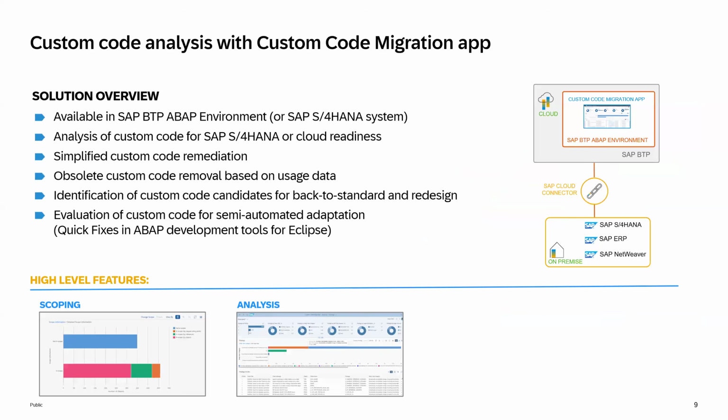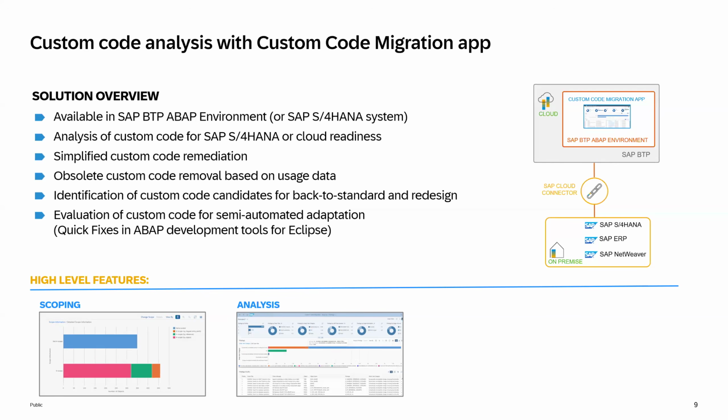We recommend to execute the custom code analysis using the custom code migration app, which is a Fiori-based app, provided on top of the ABAP test cockpit infrastructure, the central ABAP test cockpit system. This infrastructure can be set up either on-premise using an S/4HANA system or on BTP using SAP BTP ABAP environment.